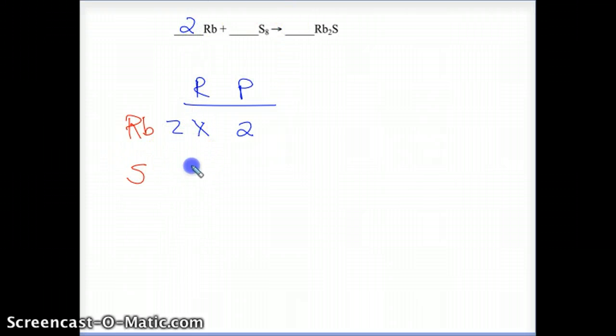I have 8 in the reactants and I only have 1 in the product, so I need to put an 8 here to change that. Notice it changed my rubidium, so now instead of 2 I actually have 16. So now I need to erase that and change that to 2 times 8. I need to make it 16. So I put a 16 here and I'm balanced.